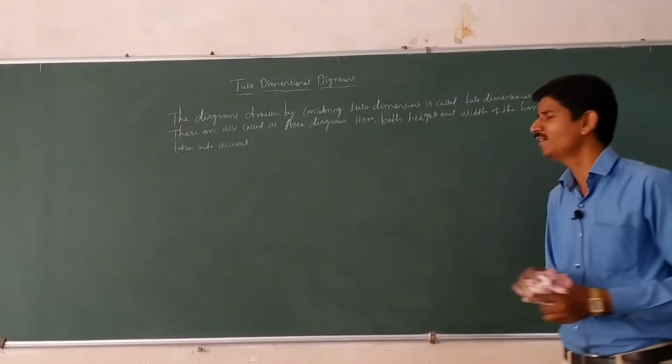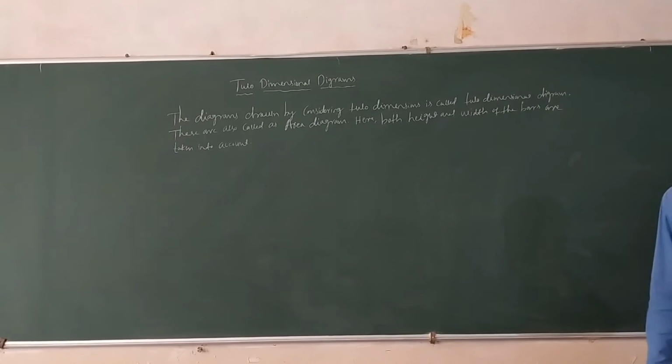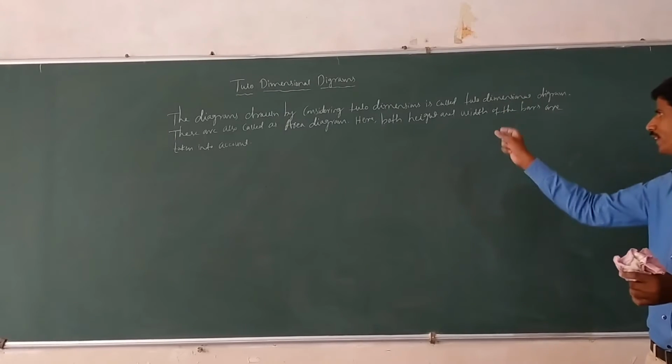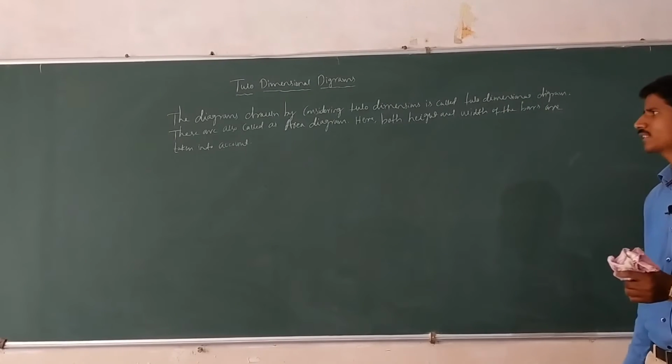In a one-dimensional diagram, you take only height. In a two-dimensional diagram, you take both height as well as width into account.